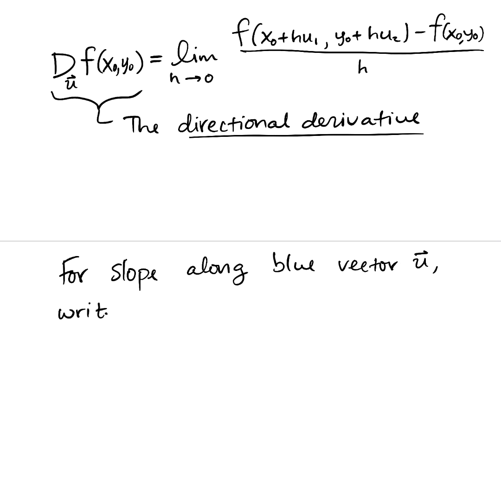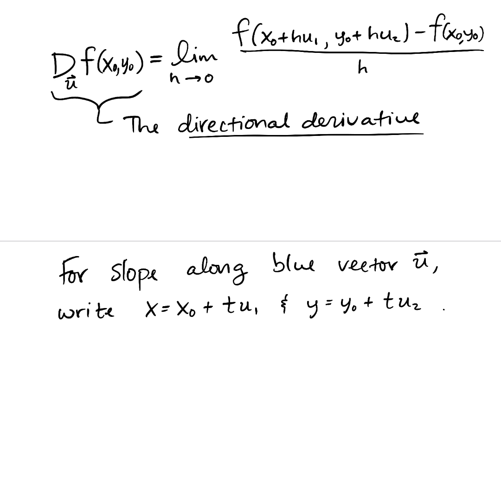So in reality, x is x naught plus multiples t u1, and y is y naught plus multiples t u2. Those are the parametric equations for x and y on that blue line in the xy plane.